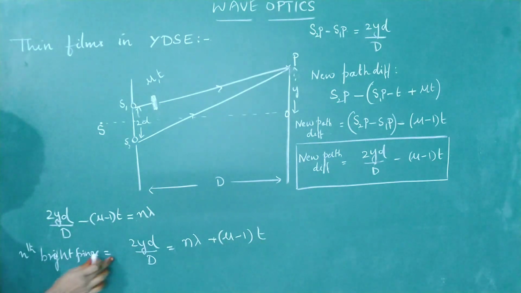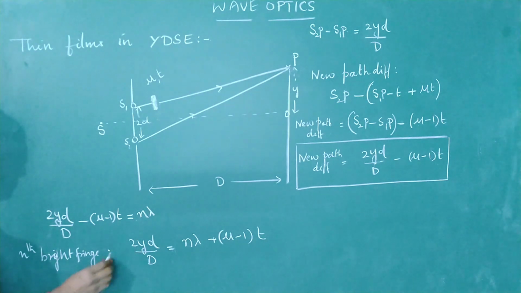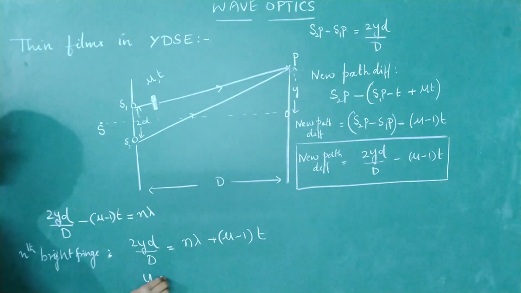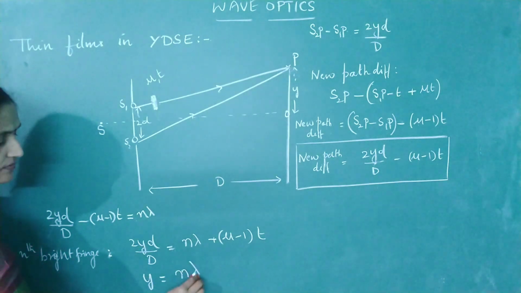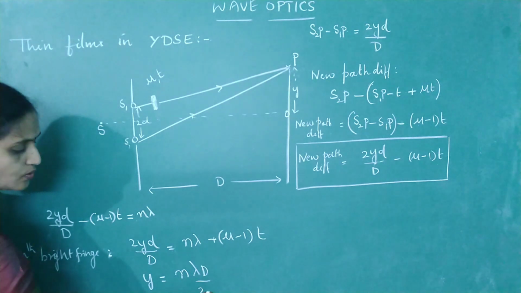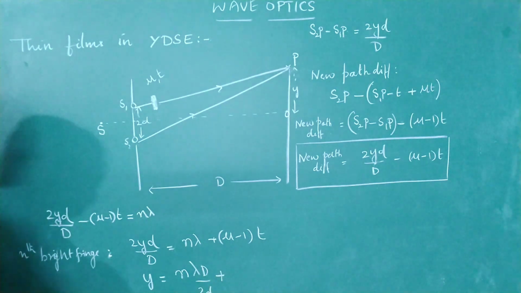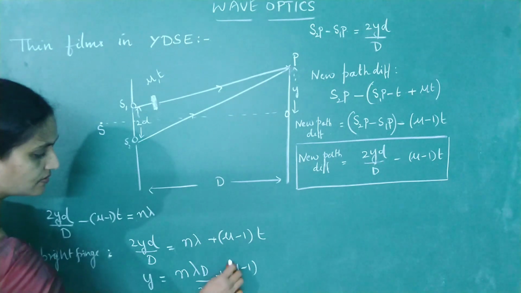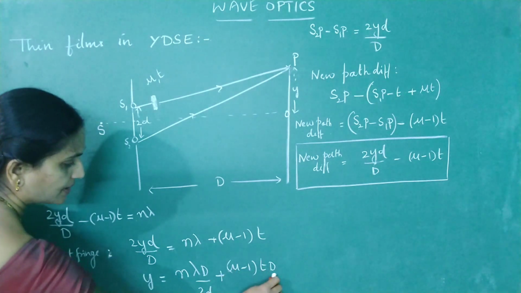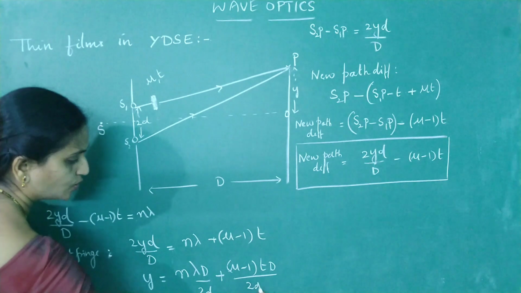Since we are interested in finding the value of y, y is equal to n times lambda D by 2d plus (mu minus 1) into t into D divided by 2d.